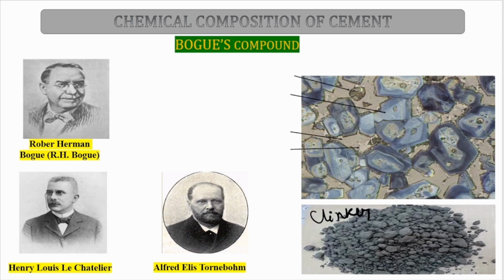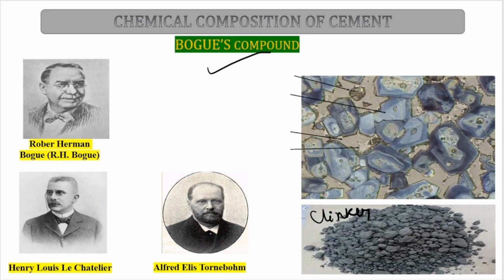So, the oxides that fuse with one another create a variety of complex byproducts, including this cement clinker. The substances produced during burning have the ability to set and harden in the presence of water. That is, if you add water to the cement, it reacts and forms a very complex compound which is known as Bogue's compound.